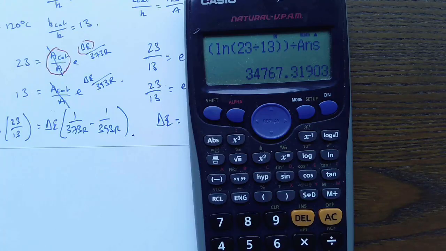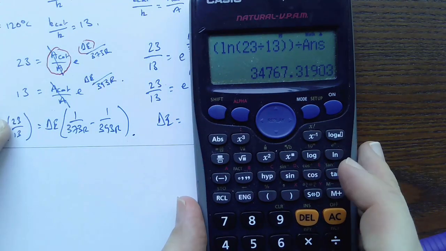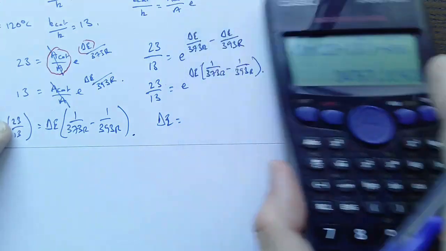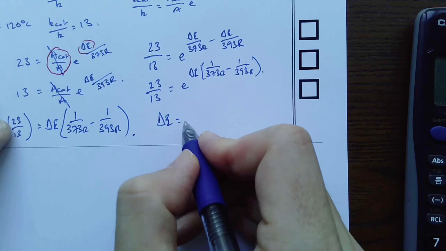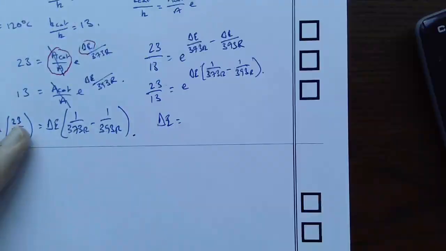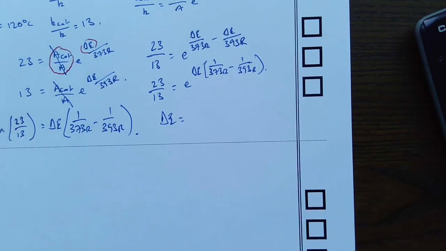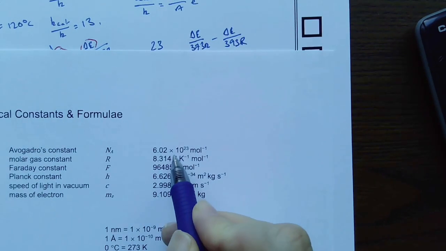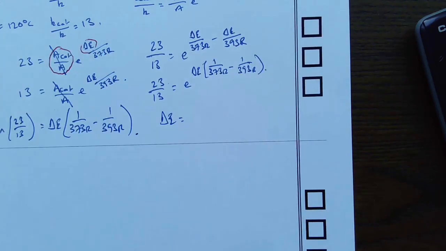Gives me that, which is the kind of number you want to see, because when you divide it by 1,000, you're going to get a reasonable number in kilojoules per mole. Does it ask for kilojoules per mole? Yeah, it says work it out in kilojoules per mole. Obviously, R 8.314 is in joules, so we have to convert it to kilojoules by dividing by 1,000.